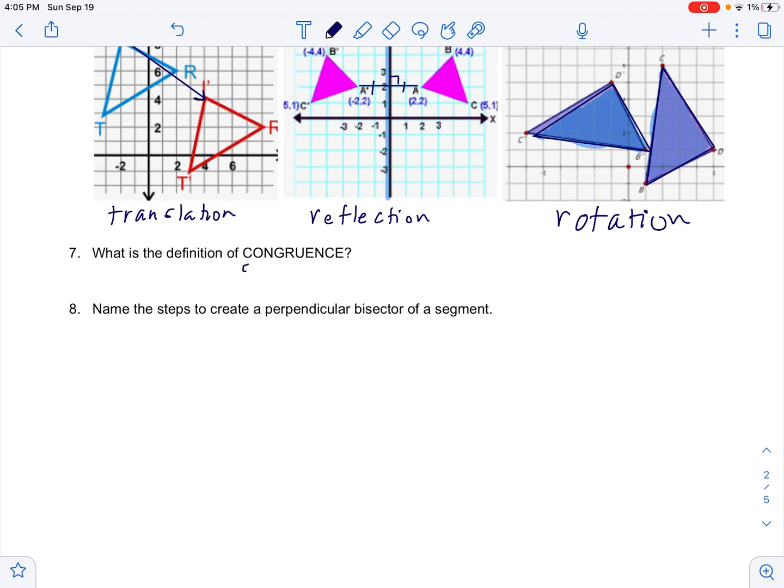What's the definition of congruence? Well, there's two ways to figure out if things are congruent. Things that are congruent have the same size, the same shape. Another feature of congruence, though, is that when we have these rigid transformations that we just looked at, a translation, a reflection, or a rotation, those things map congruent figures to each other.